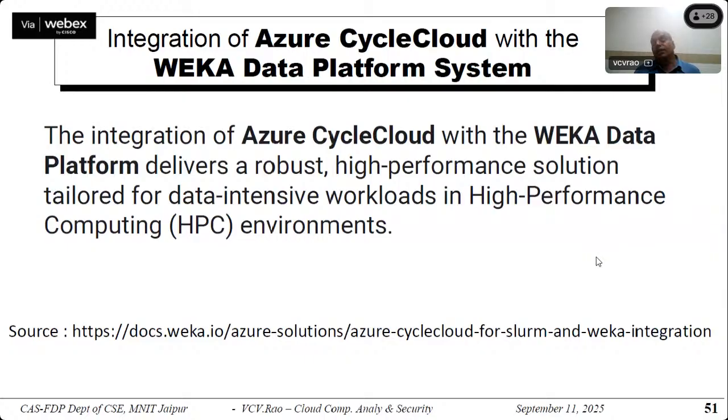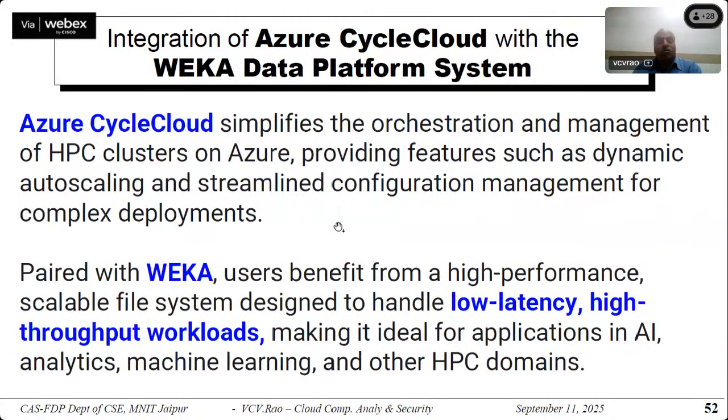That is data intensive workload, and high throughput computing workloads are also handled by the Azure cloud and integrated everything actually. So this integration of both the things is very, very important. That means both integrations have been done using what they really use.